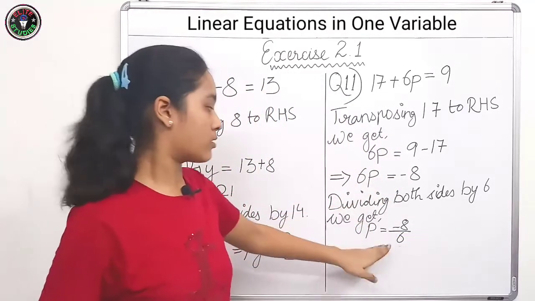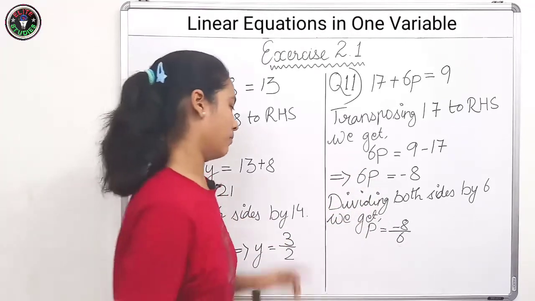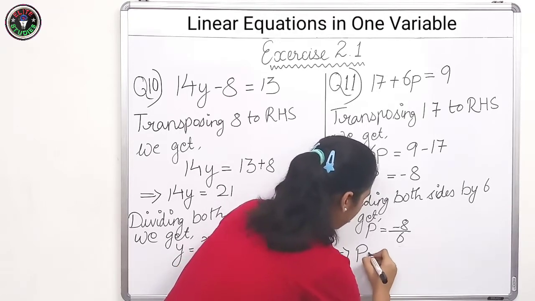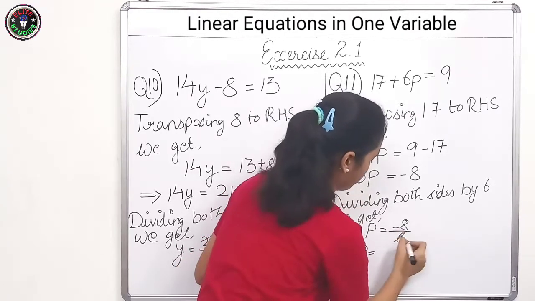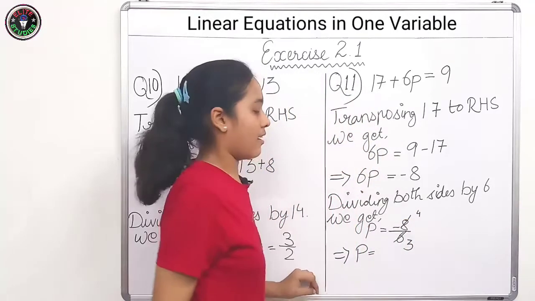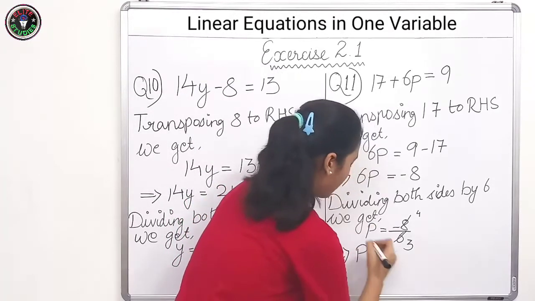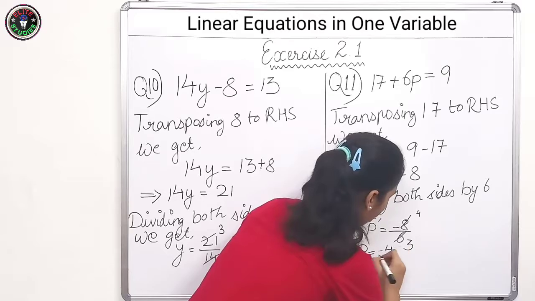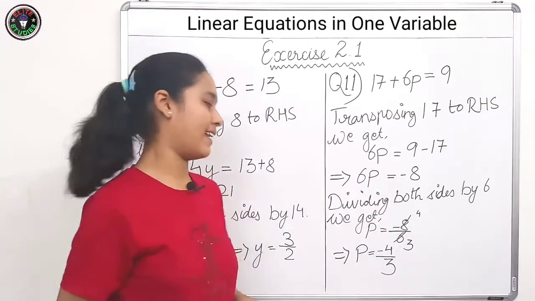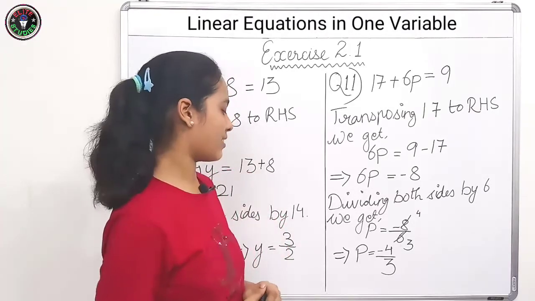We can now also very well see that minus 8 by 6 can be brought to the simplest form, or p is equal to 2 3s are 6, 2 4s are 8. But yeah, don't forget to write this minus sign. That is, p is equal to minus 4 by 3. We got the value of p to be minus 4 by 3. I hope these two questions are also clear.